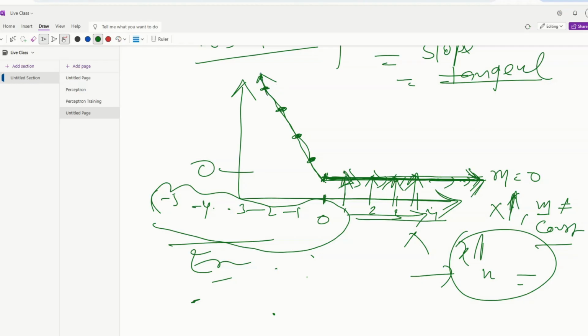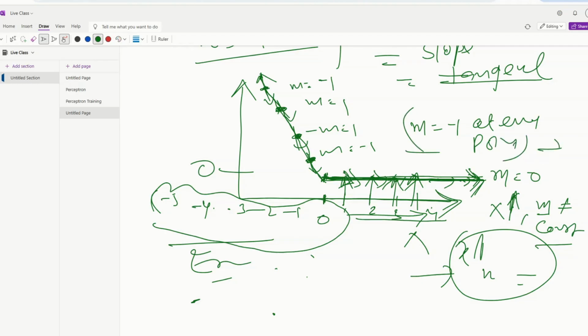At this point the slope will be like this, at this point like this, and so on. At every point the slope m will be -1. For every point m is equal to -1.